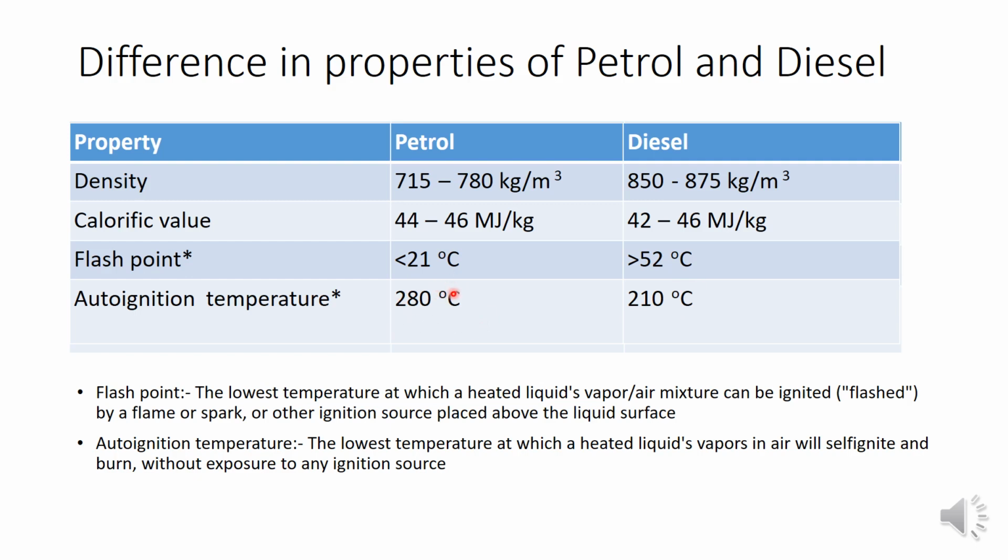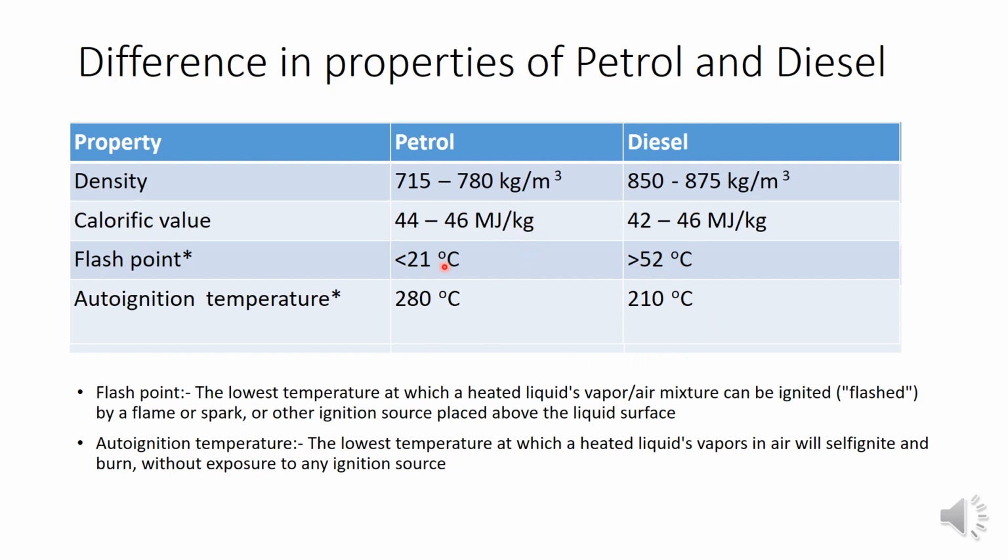While petrol, on the other hand, has a very high auto ignition temperature, 280 degrees. So it is most suited for burning by an external source, that is, by a spark plug. We are igniting the petrol, whereas in diesel a spark plug will not work since its flash point is very high.